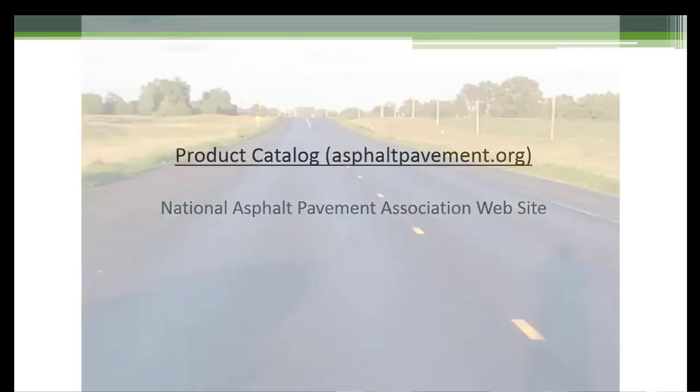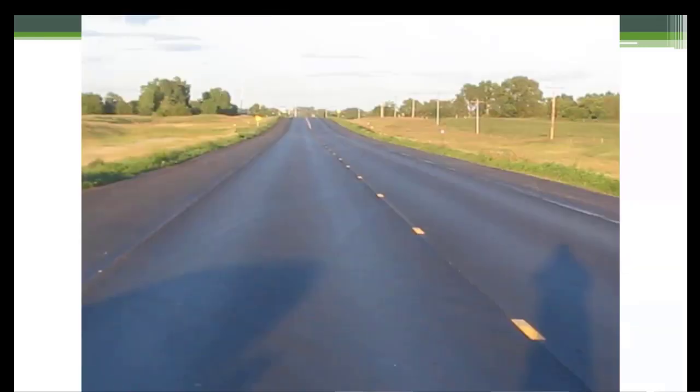So of course, the whole idea behind, and we'll get into the first section, is quality control, quality assurance in the DOT world. But what we're after is good roads, and it doesn't matter whether you're the highway user, the contractor, the agency. We're after good roads.